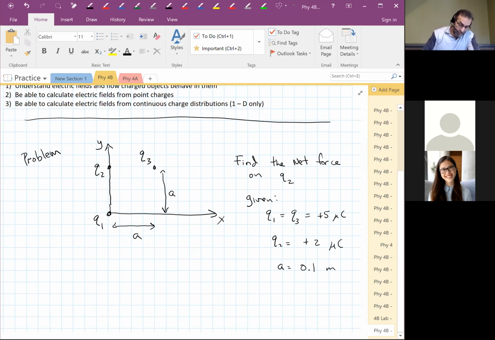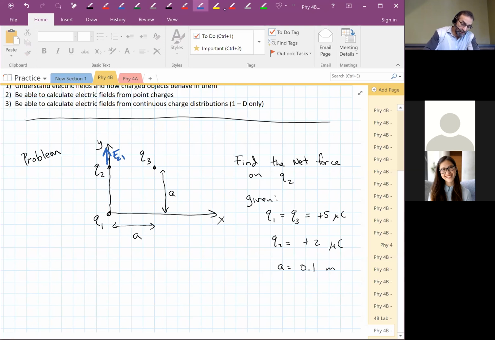So you're thinking about the directions of the forces. Charge 1 and 2 are going to interact with each other, and there's going to be a force on Q2 due to Q1. They are going to repel each other, so there's going to be a force in this direction, F between charges 2 and 1.